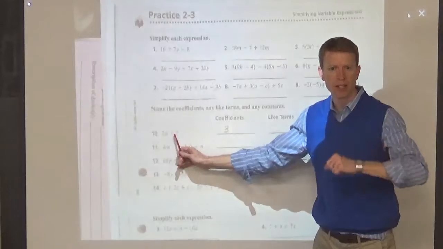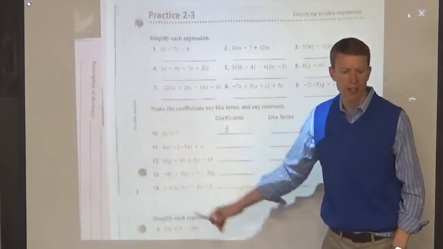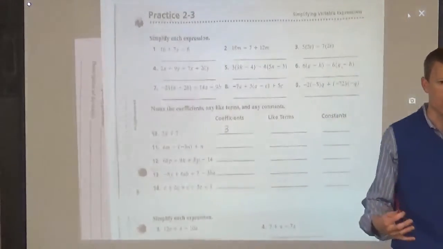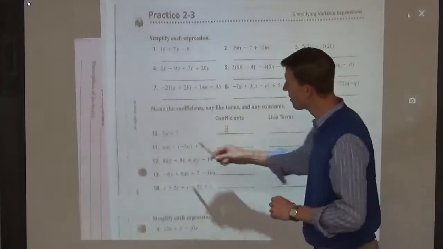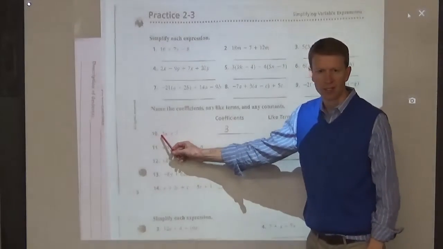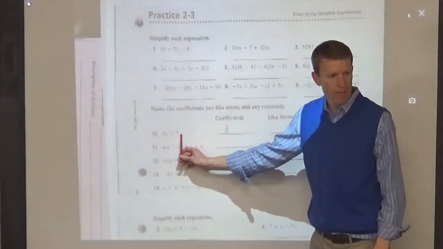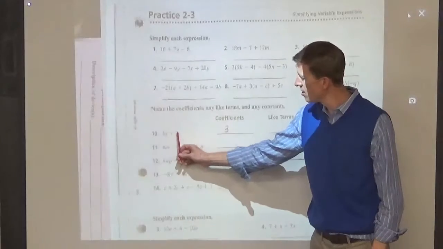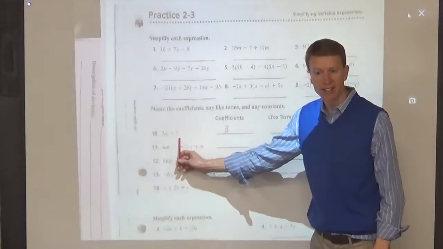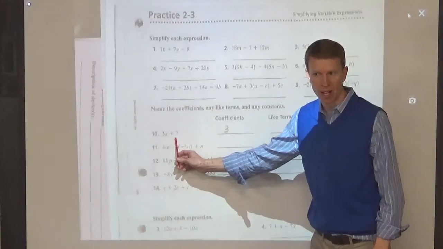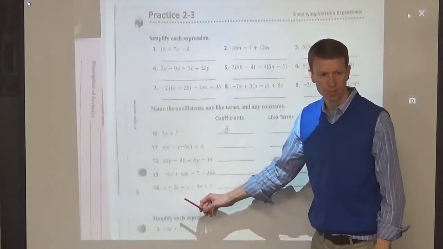What are like terms, Melina? Go back and look at your notes and describe for us what like terms are. Two terms that have the same variable. Does 7 have an x? If it had an x, that would be like the 3x.